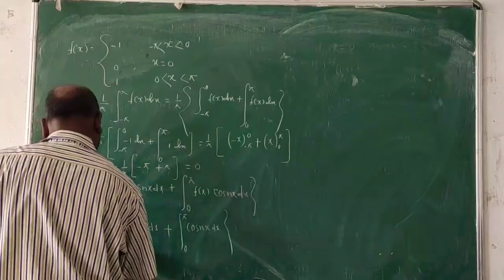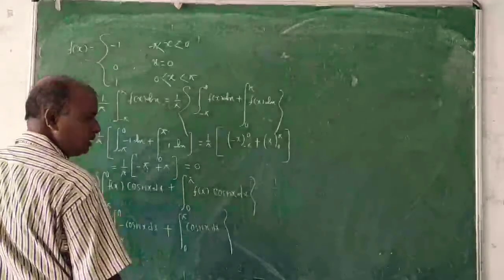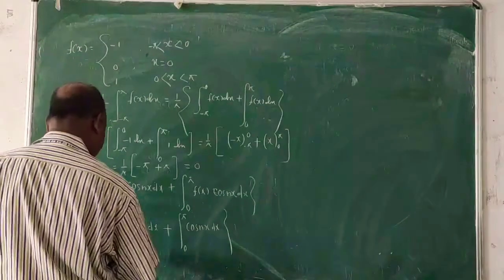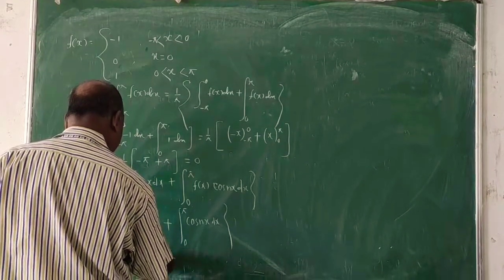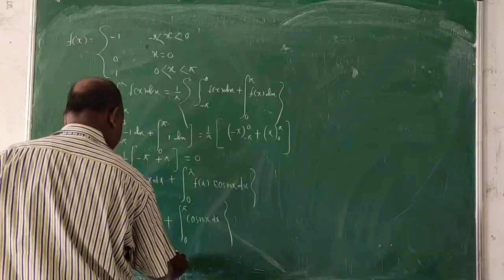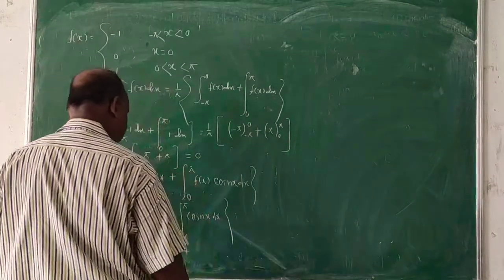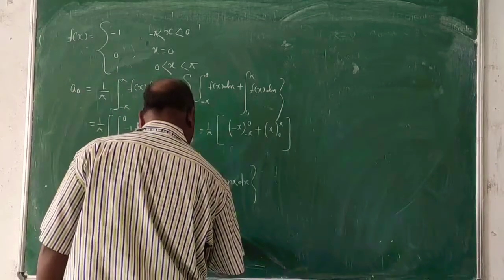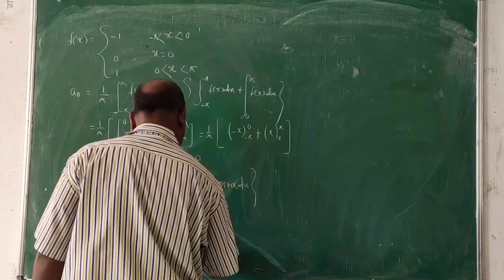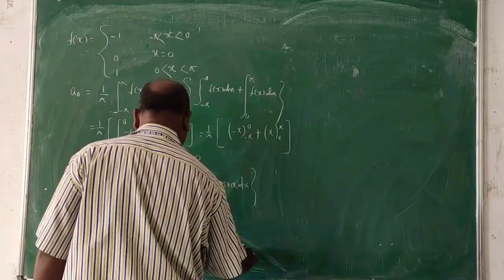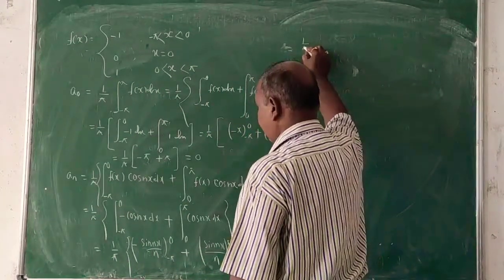So this is 1 by pi. The integration of cos nx with respect to x is sine nx by n. So minus sine nx by n, the range is minus pi to 0, plus sine nx by n, the range is 0 to pi. So this is equal to 1 by pi.